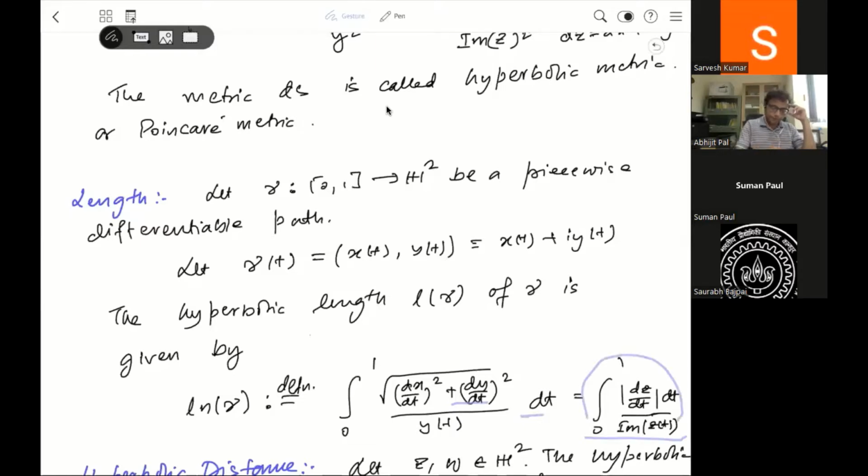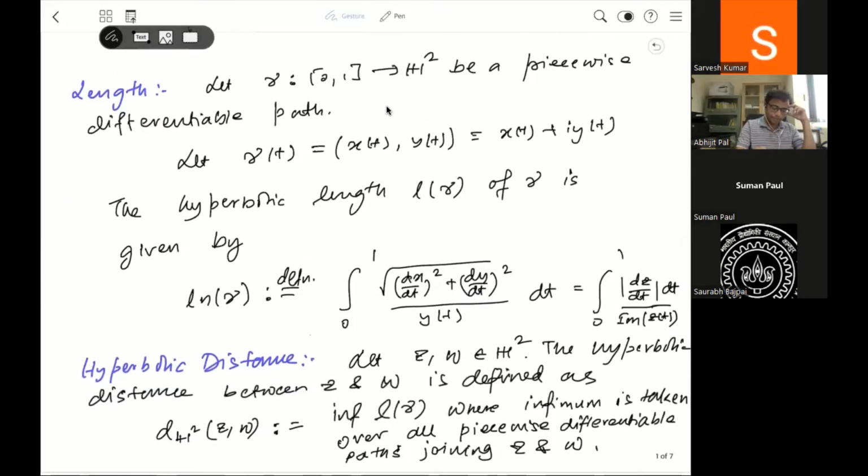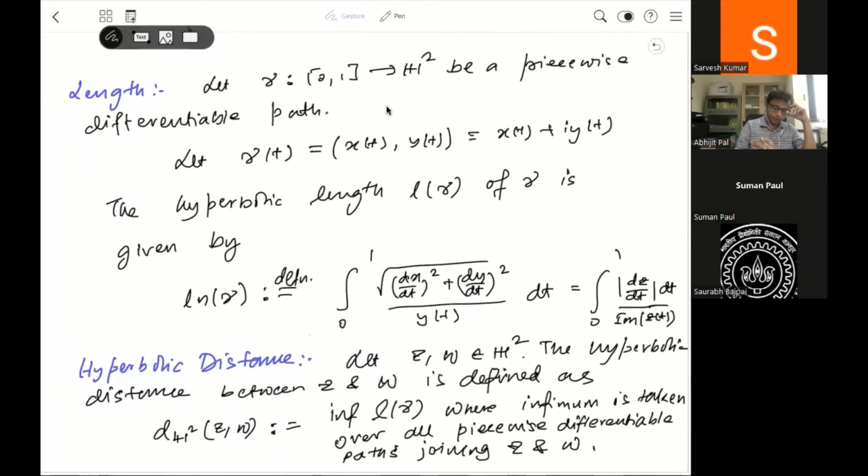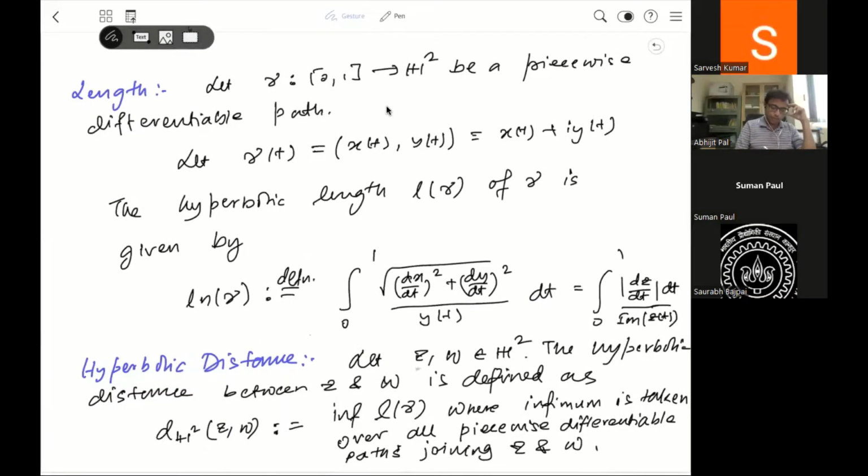Now how do you describe the distance between two points? This also has been described by Sri Krishna. You take two points z, w belonging to the upper half plane. The hyperbolic distance between z and w is defined to be the infimum of the length of gamma, where the infimum is taken over all piecewise differentiable paths joining z and w.